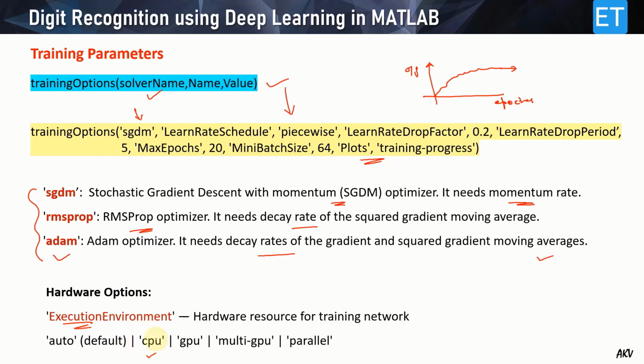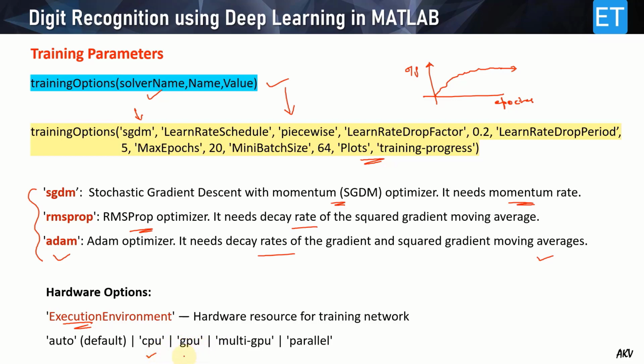For example, in this video I will train my CNN with a CPU, because my laptop has no dedicated GPU. It has only an integrated GPU. So the main power will be used as a CPU.